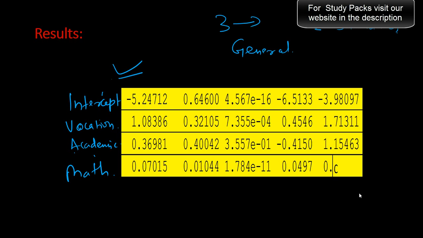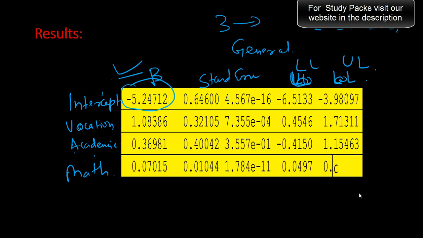This is the intercept. These are the alpha and beta values. This is the standard error, and the lower limit and the upper limit. Great.